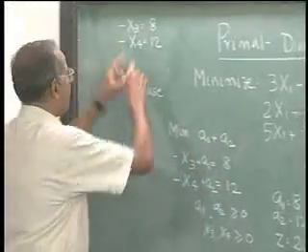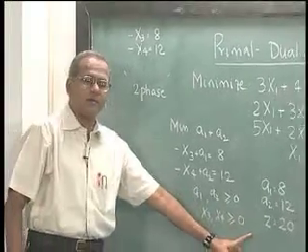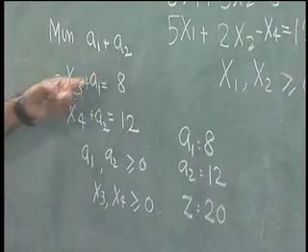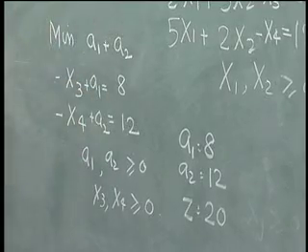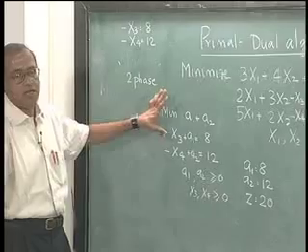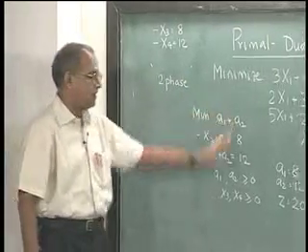If this does not have a solution, then one of the artificial variables a1 will be in the basis, and this will give us a z value which is non-zero, which is 1 or 2 depending on the number of a's that are in the solution.